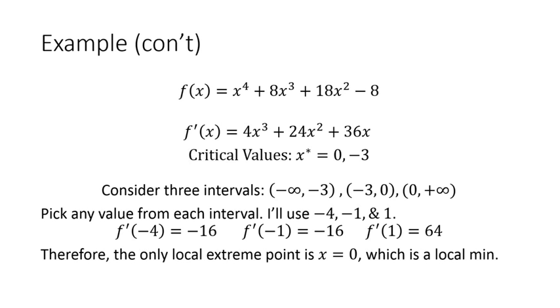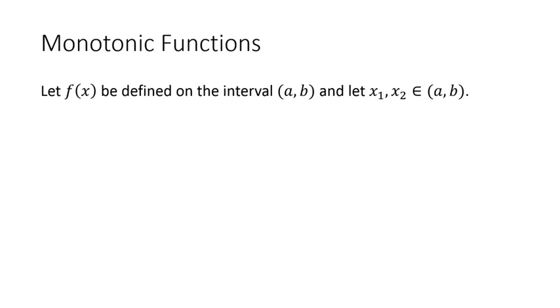So it's going to be a saddle point rather than a minimum or a maximum. I know that x equals 0 is a local minimum because the function is decreasing to the left and increasing to the right. This is probably a good moment to take a little field trip into monotonic functions.